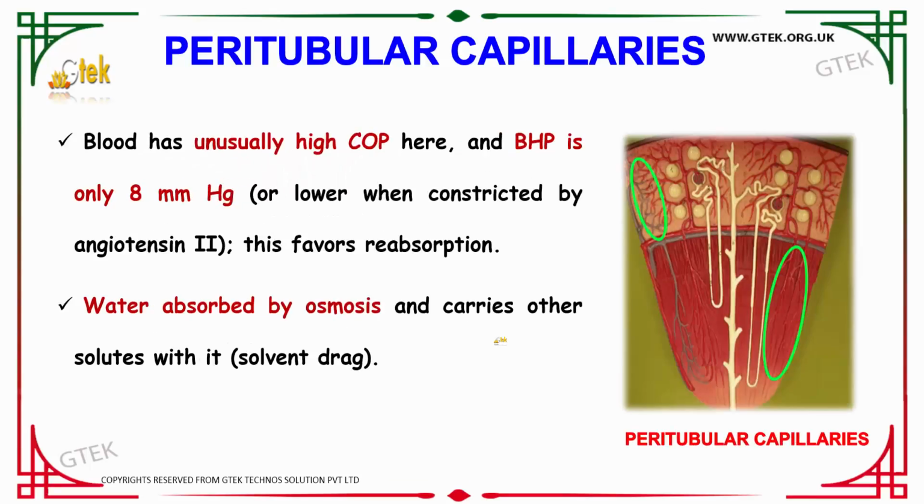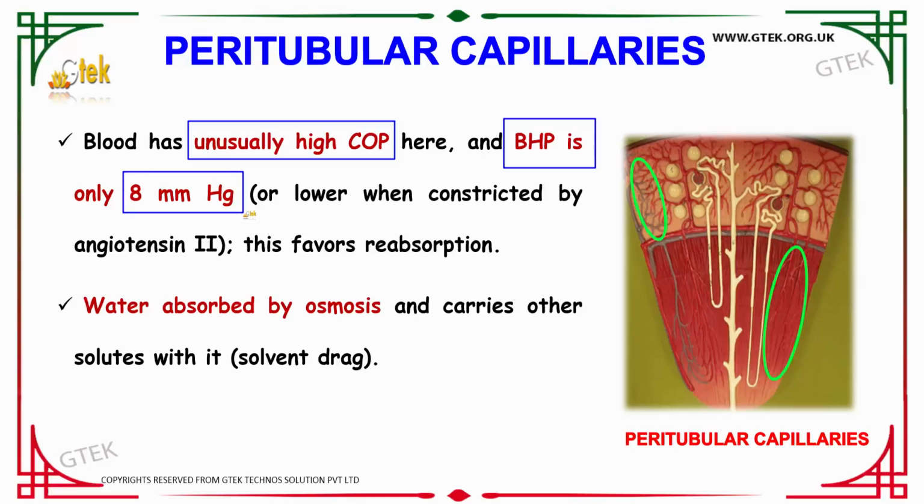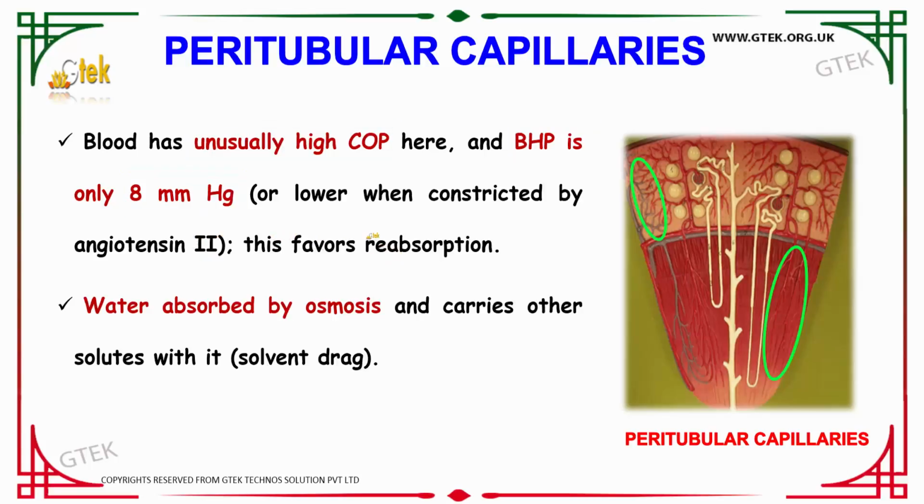Next we are going to study the peritubular capillaries. In peritubular capillaries, the blood has unusually high COP, and your BHP is only around 8 mmHg or lower when constricted by angiotensin II, and this case favors reabsorption.